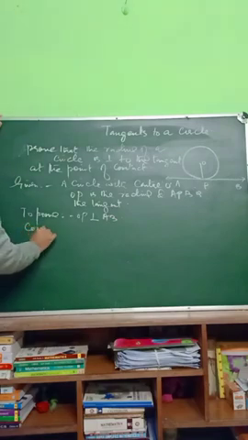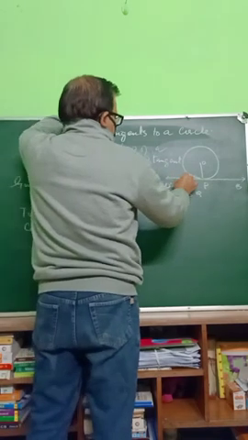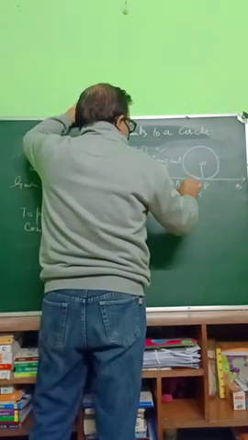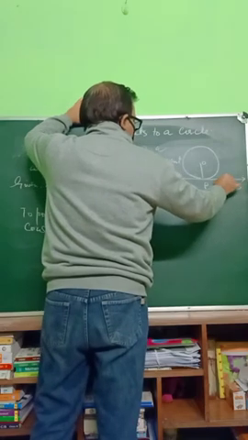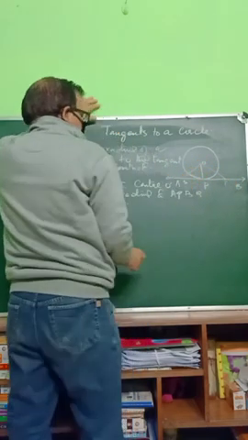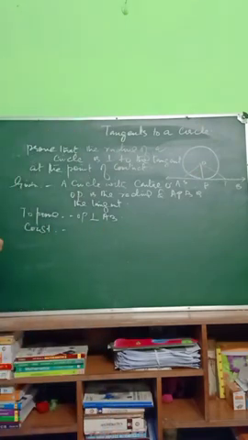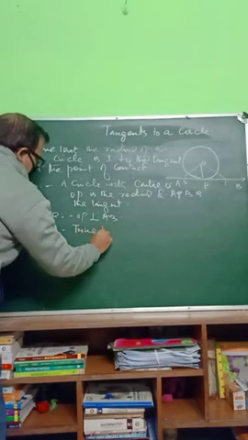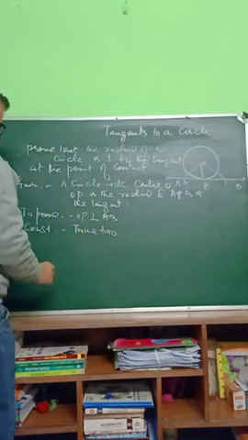Construction. Let us take some other points, here S and here T. Let us take some more points over here, 2 points or 3 points, it is up to you.